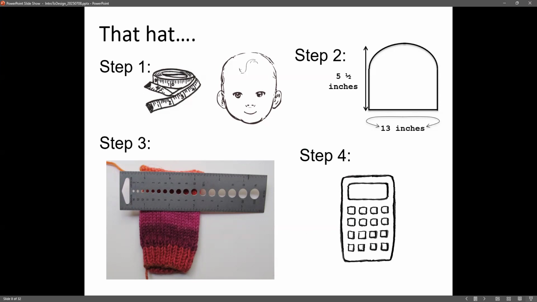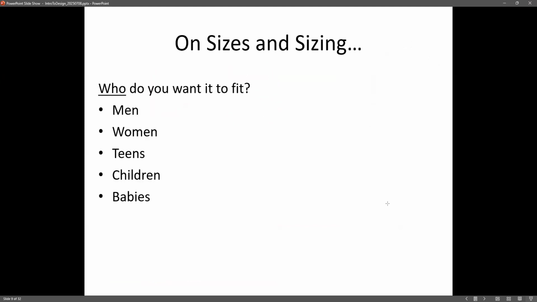Now, on the question of sizes, right? I said we're making a baby hat. Let's dig into the question of sizes and sizing, okay?